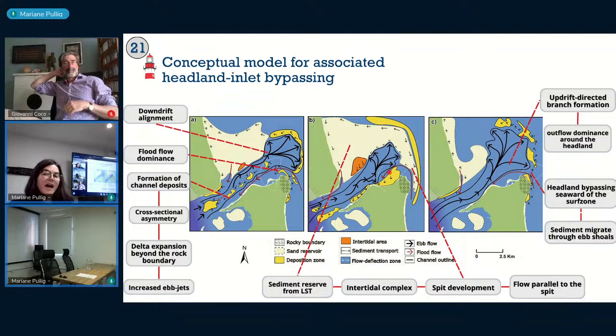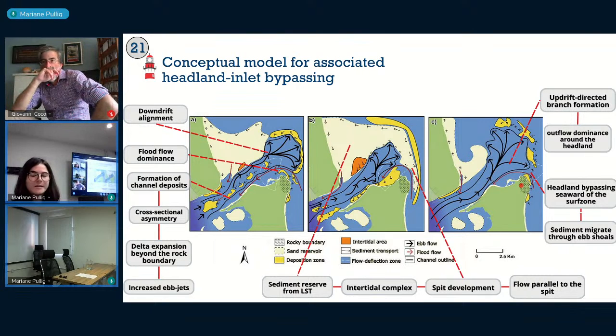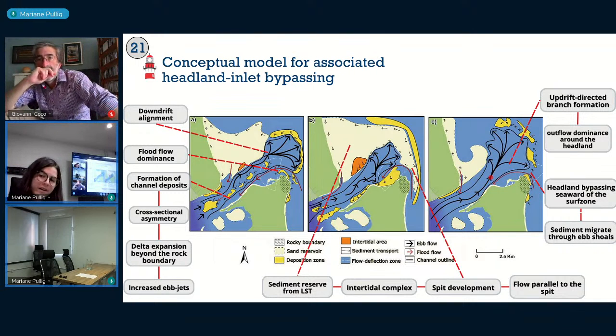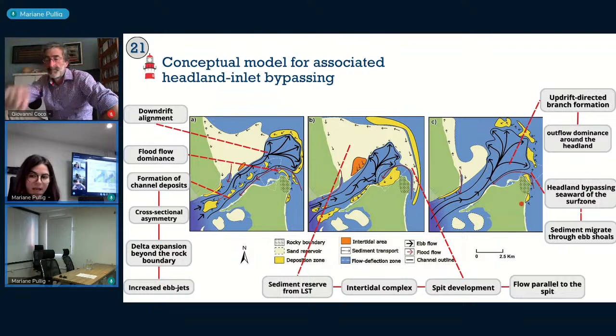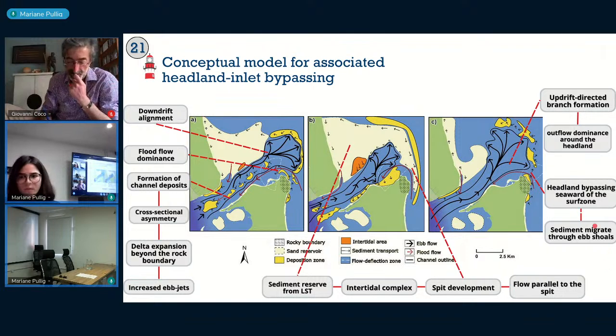This created a hydraulic inefficiency that is solved by creating an updrift directed branch, and then the outflow can be directed to the headland. So when we have this outflow dominance around the headland, this prevents the sediment that trespasses the headland, as in the model of bypassing I explained, from entering the channel. Then the sediment stays in here until it is reworked by waves and migrates through the outer shoals.